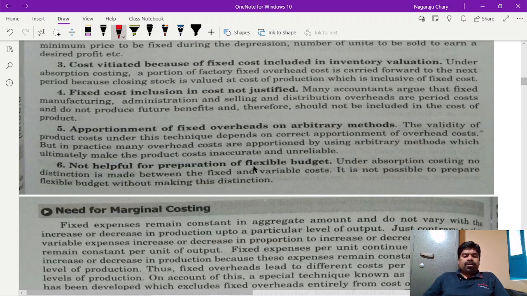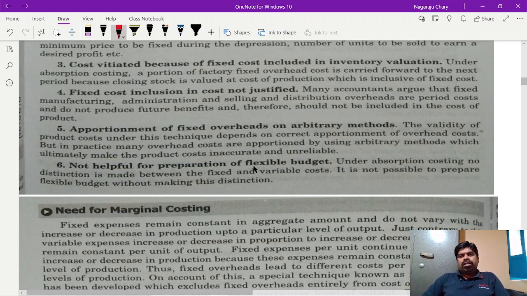What is the method of apportionment of cost? Apportionment of cost may follow some arbitrary method. The method is nothing but equal distribution, done continuously to all departments. Of course, some departments may not be involved in that expenditure, but how are we allocating that expenditure?